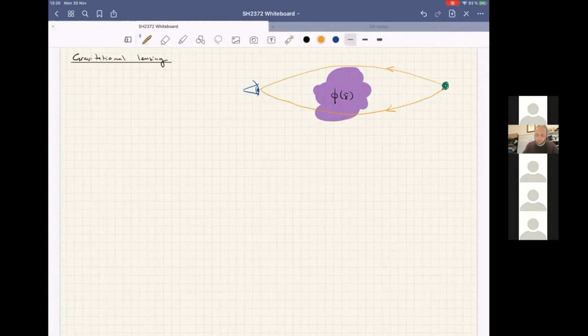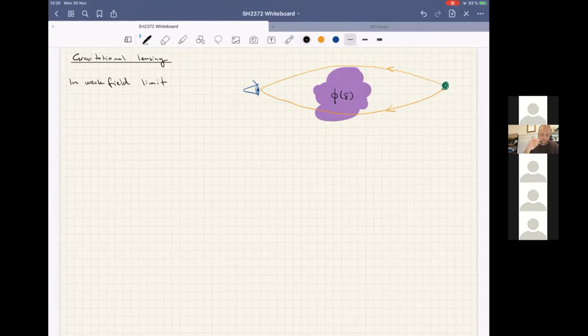So let's first remind ourselves of what the weak field limit was. Last week we looked at the weak field limit, and we found that the metric in the weak field limit we could describe in a certain way.